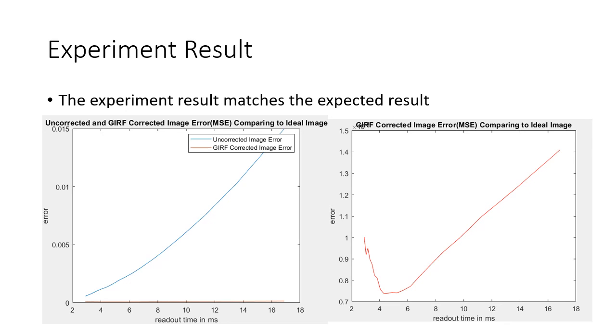In the figure on the left, the blue line is the uncorrected image error profile, and the red line is the GIRF-corrected one. It matches my expected result. And on the right, I plotted the GIRF-corrected error profile individually. You can see that the error has the lowest value when readout is between 4 to 6 milliseconds.